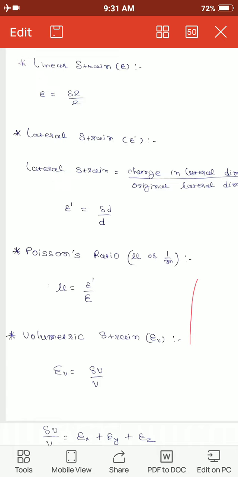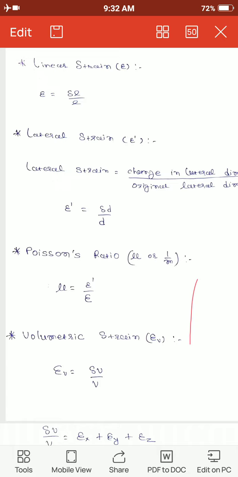So for that dimension, if we use it in strain, this strain is known as lateral strain, and it is denoted by epsilon dash. So what is lateral strain? It is the change in lateral dimension upon original dimension. As I already said, it is denoted by epsilon dash. Epsilon dash is equal to delta D upon D.